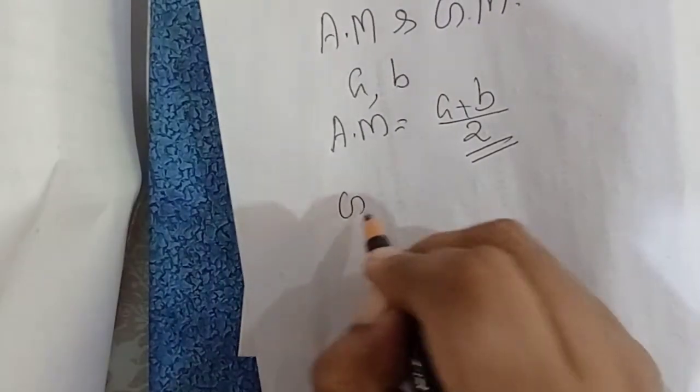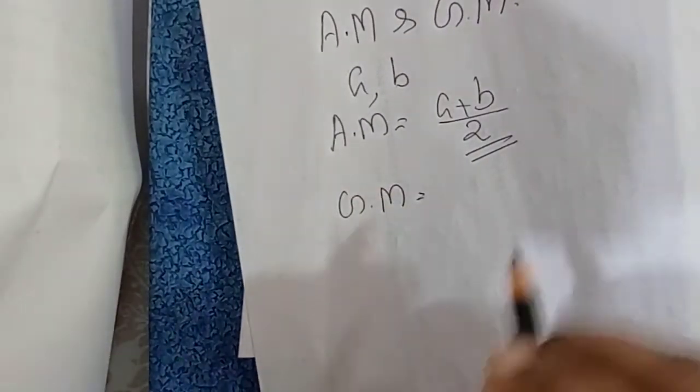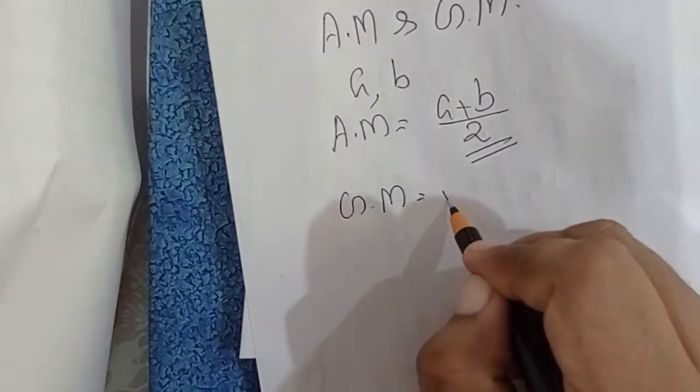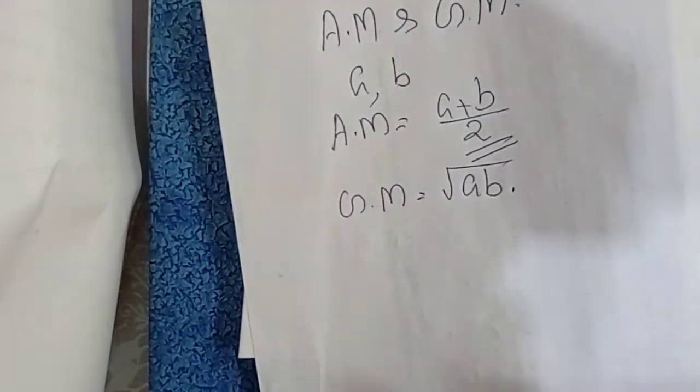If two numbers are in GP, the geometric mean is equal to root AB. Write this: geometric mean is equal to root AB.